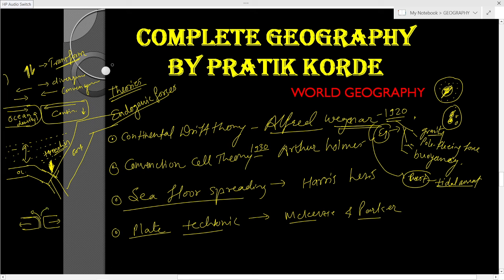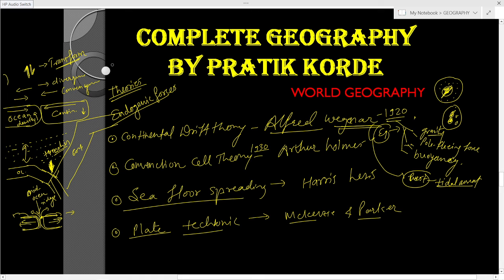what will happen? Volcanoes will come and then the seafloor spreading will start. So here this is called the mid-oceanic ridge. Because what happened here, a plate or two plates are diverging or going away from each other. Okay. Now seafloor spreading is a process that occurs at the mid-ocean ridge.